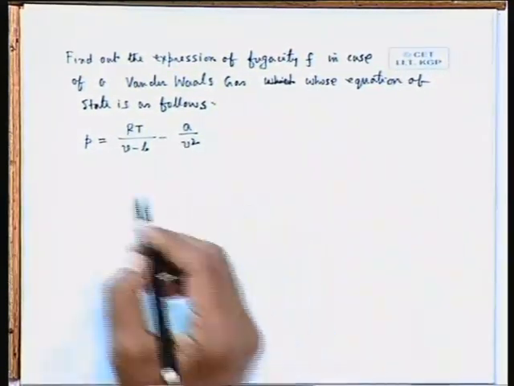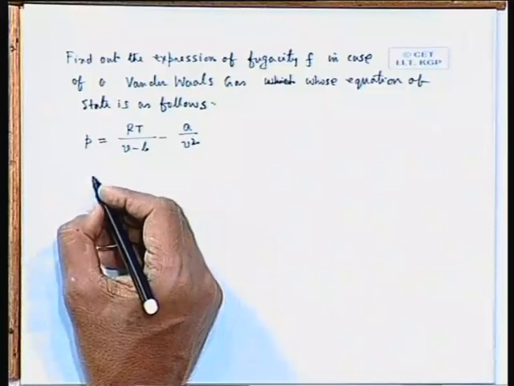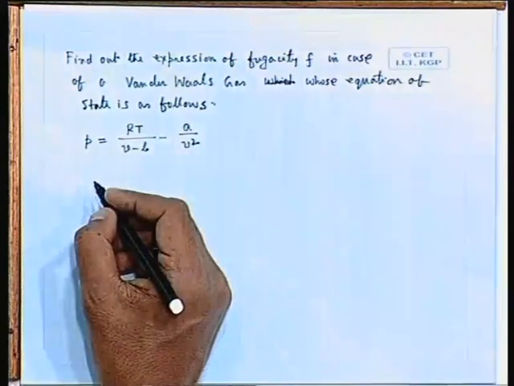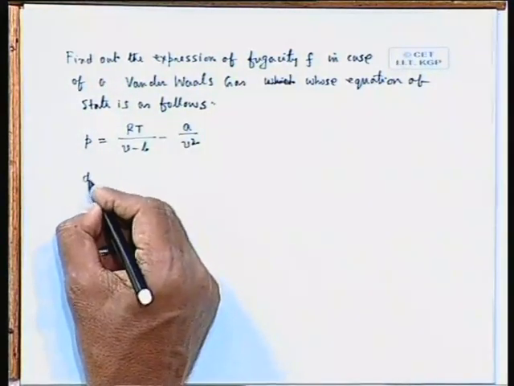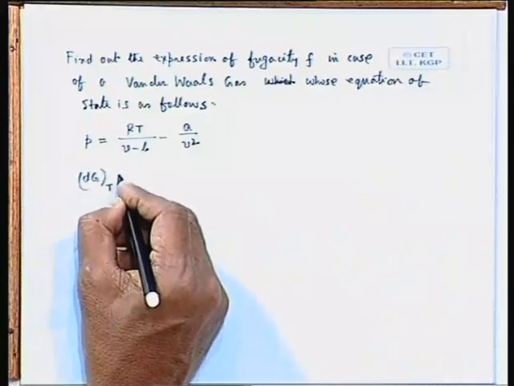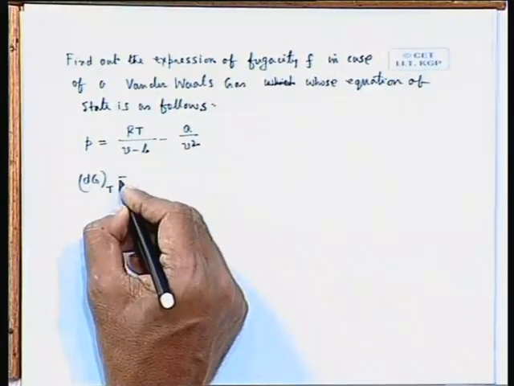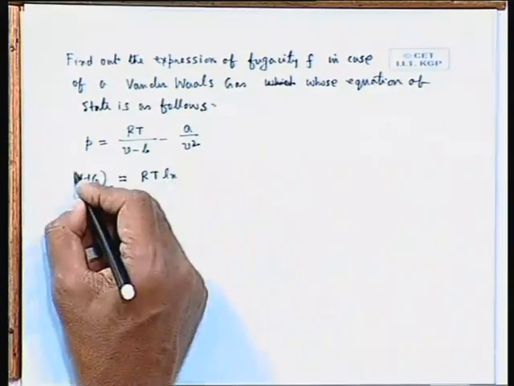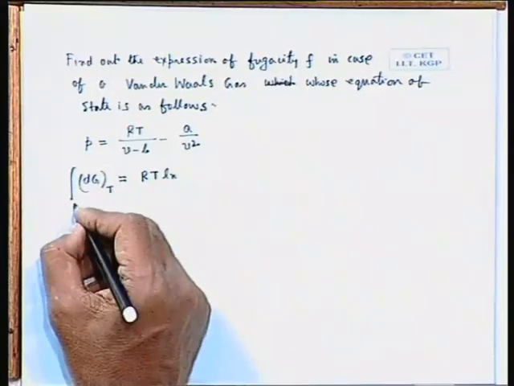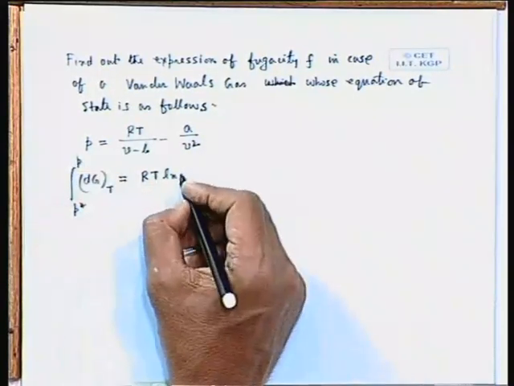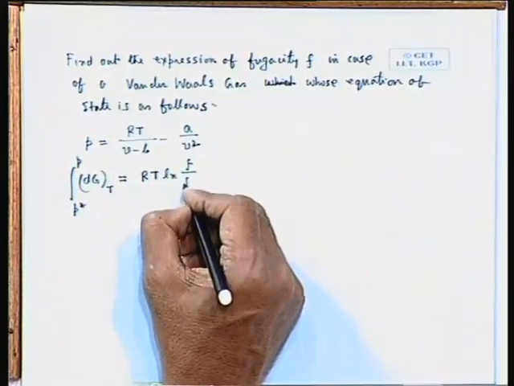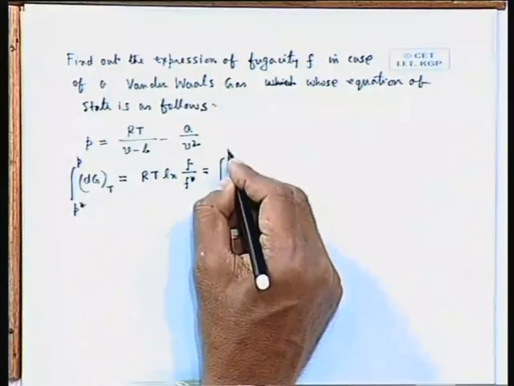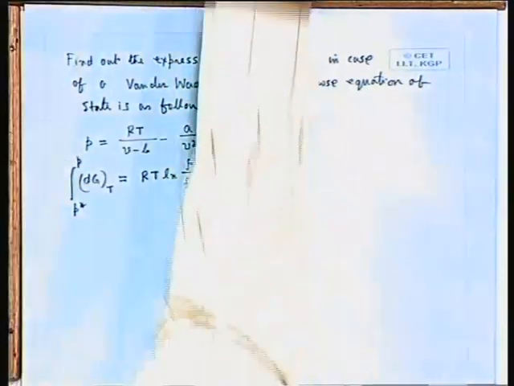Now how do we find this? We start from dG = V dP at constant T. Therefore we can write dG = RT ln F. If we make this integration from P* to P, we get RT ln(F/F*), which equals the integral from P* to P of V dP, which we already used earlier.